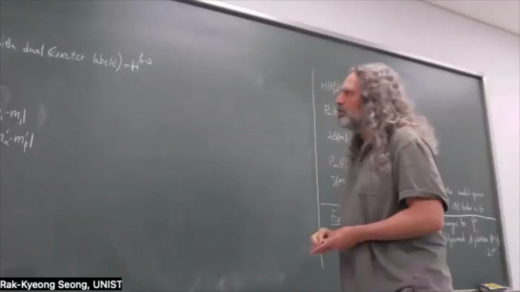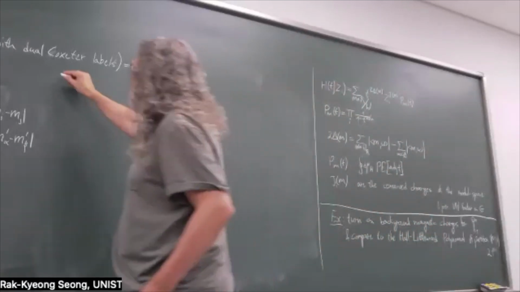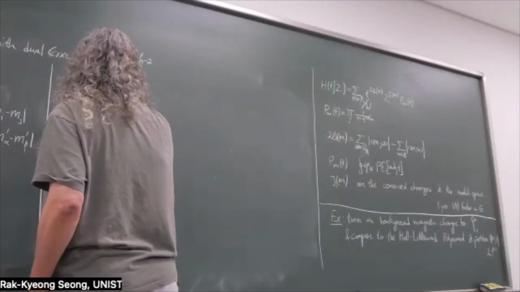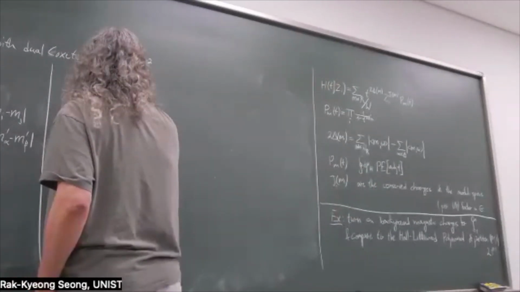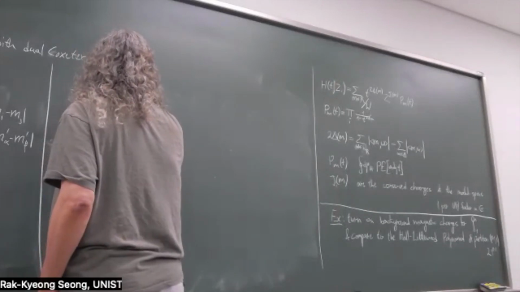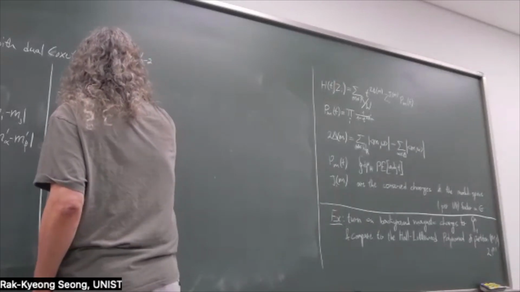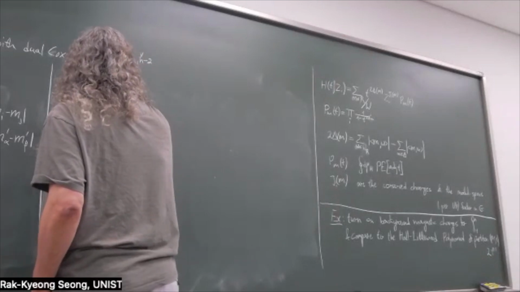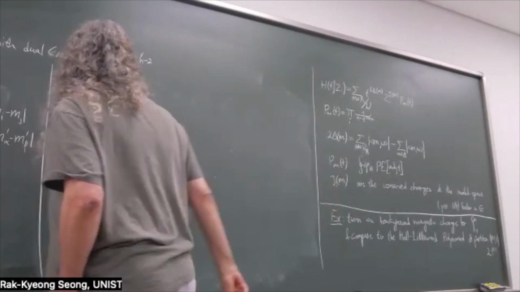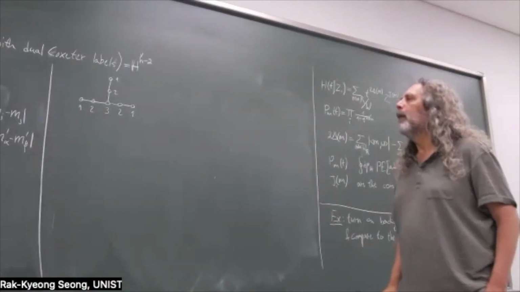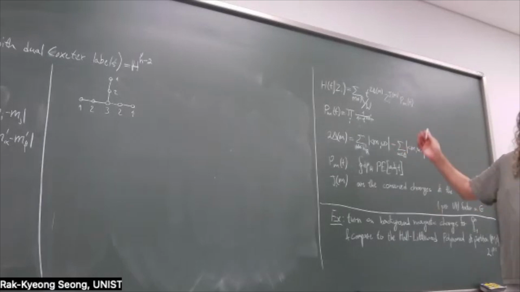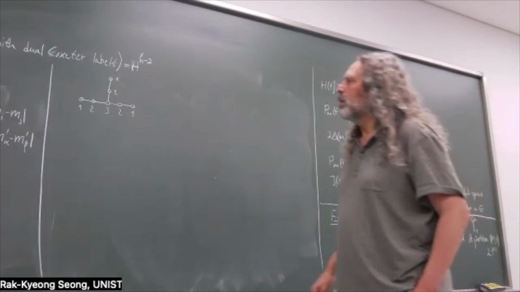So, consider this quiver for affine E6. As usual, you can apply the monopole formula, no problem, and I can compute the Coulomb branch.